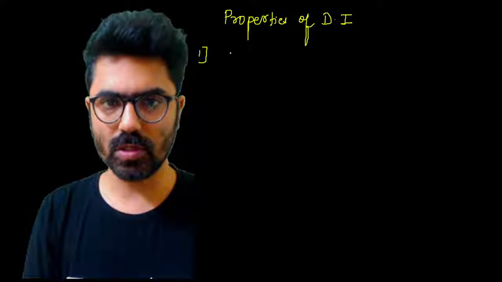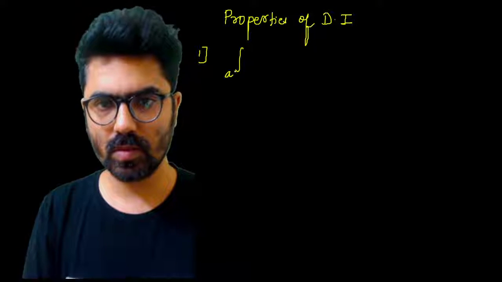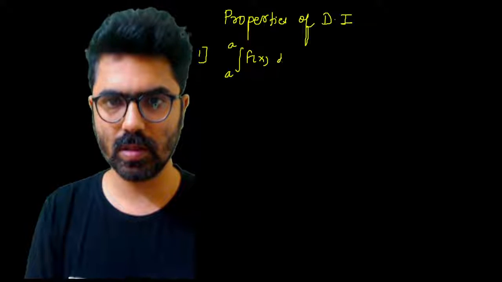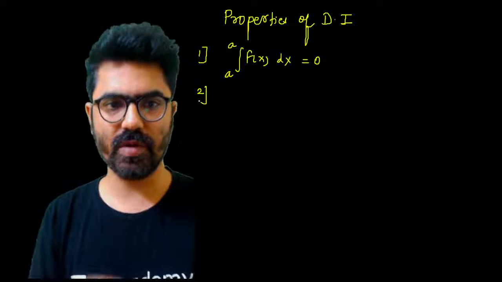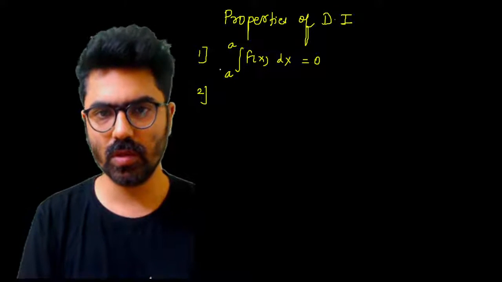Here the most important and easy property is, if you write the integral from a to a of a function, then the value is 0. When a definite integration is given from a to a, the value becomes 0.